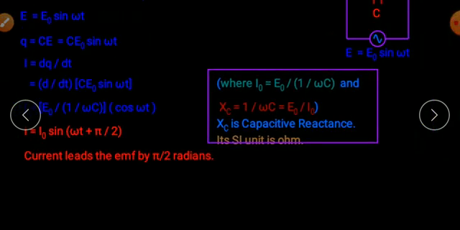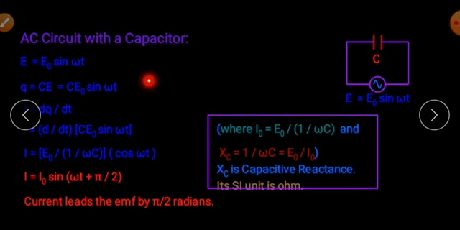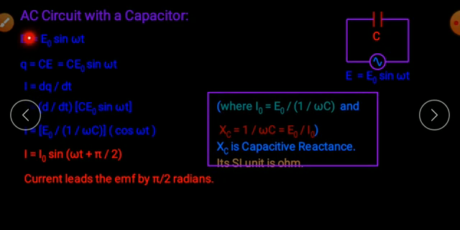Now compare these two equations: E equal to E naught sine omega t and I equal to I naught sine omega t plus pi by 2. On comparing, we see that in a perfect capacitor, the current leads the EMF by a phase angle of pi by 2 or 90 degrees.